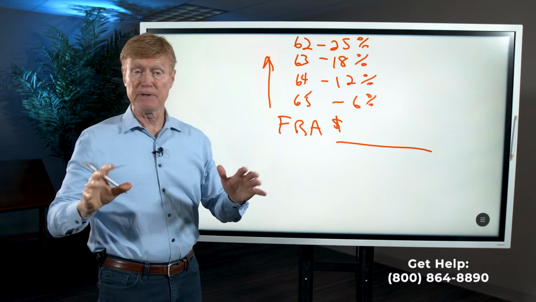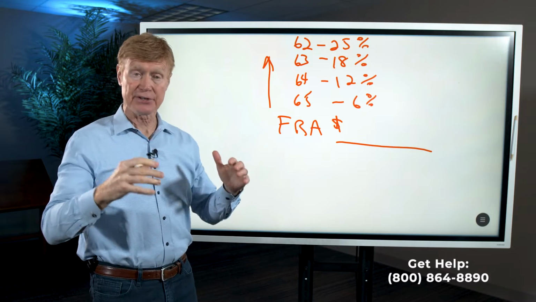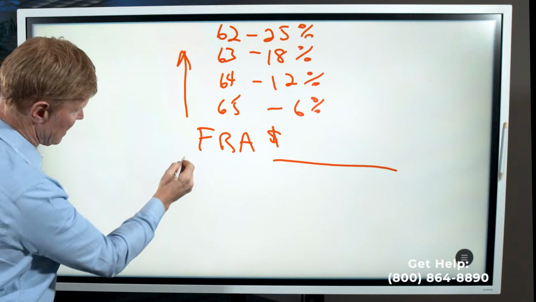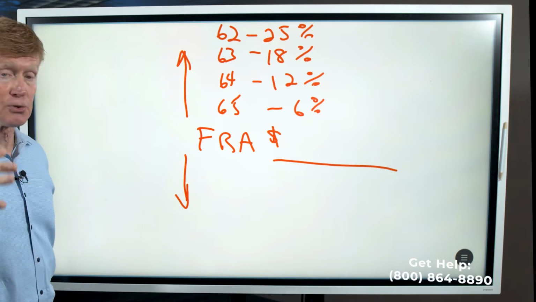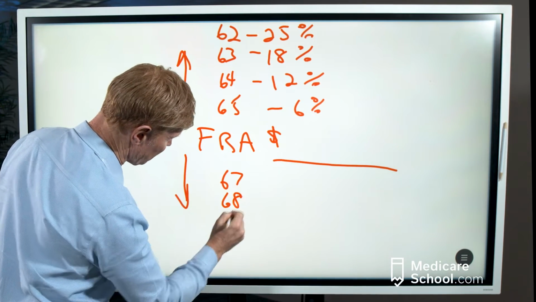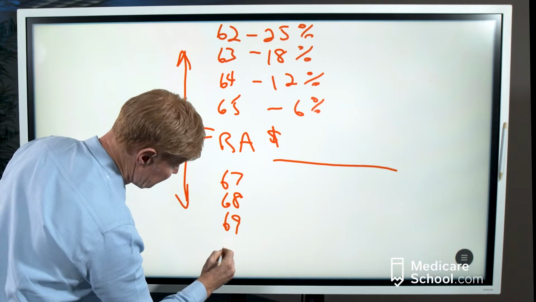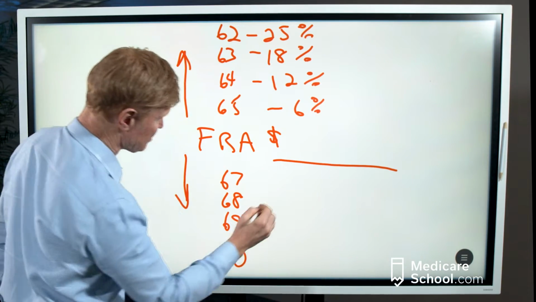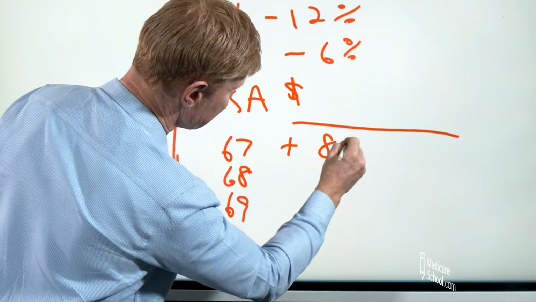Now, there are times when people will not take it at full retirement age, they're going to take later. And so what that means is they're going to wait, and they're actually going to grow their Social Security account. And so what happens is we can actually grow our account every year, and that amount is an 8% increase. So now we're going to add to that benefit.